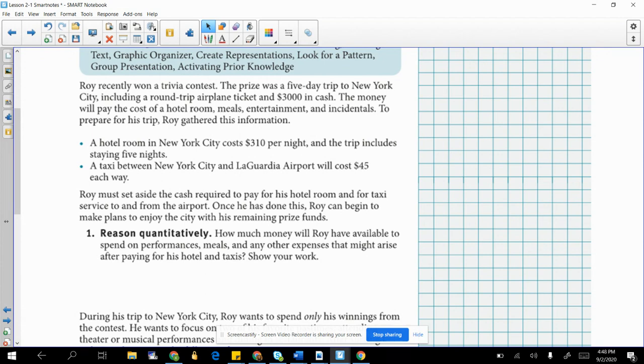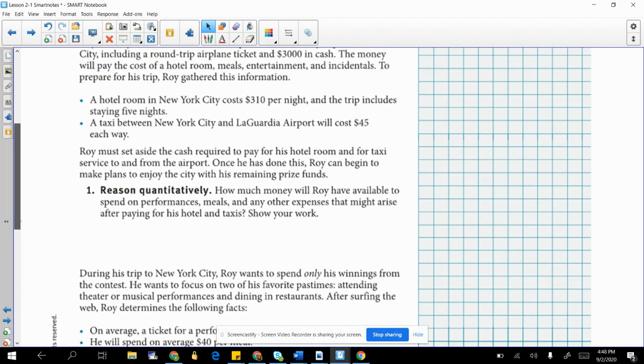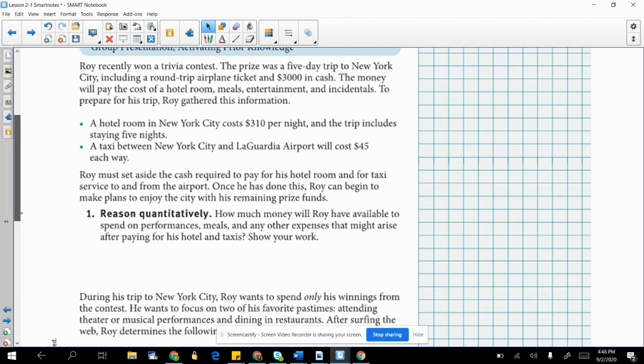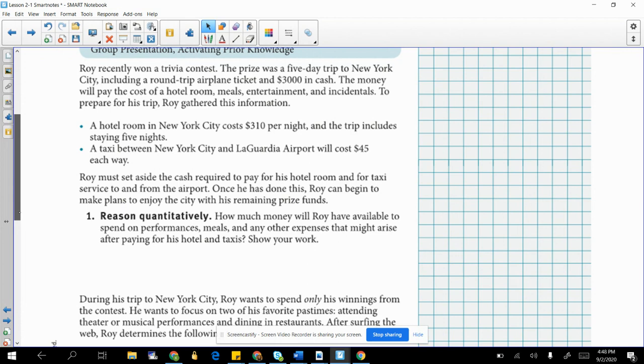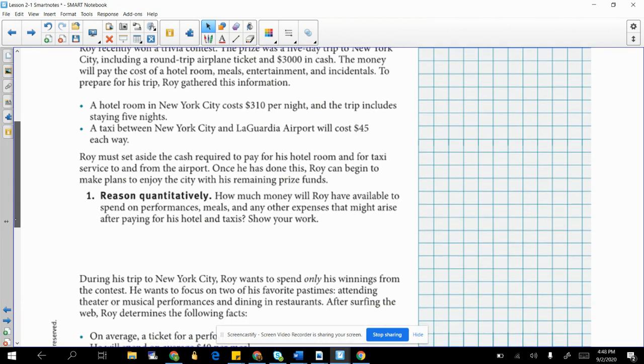The money will pay the cost of hotel rooms, meals, and entertainment and incidentals. To prepare for his trip, Roy gathered this information. A hotel room in New York City costs $310 per night, and the trip includes staying 5 nights. A taxi between New York City and LaGuardia Airport will cost $45 each way.